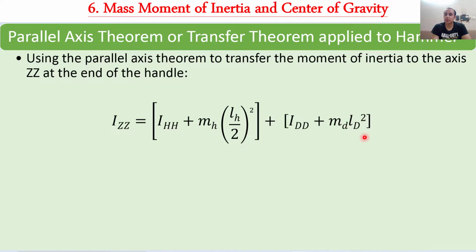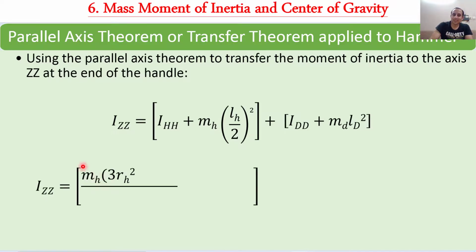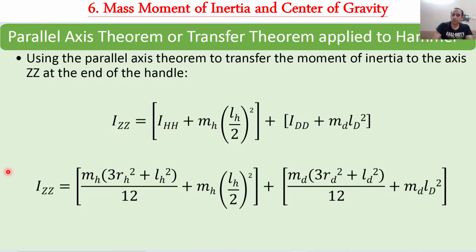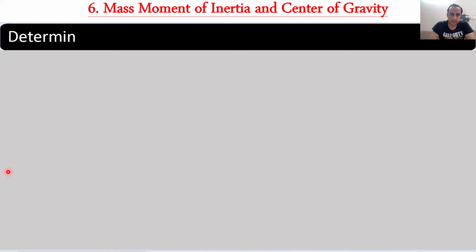With the help of this formula, we can shift the composite CG of the hammer to the axis of interest, ZZ. Now we just need to put in the values, and that's it. In this way, we can calculate the mass moment of inertia of any body or combination of bodies about an axis of interest.